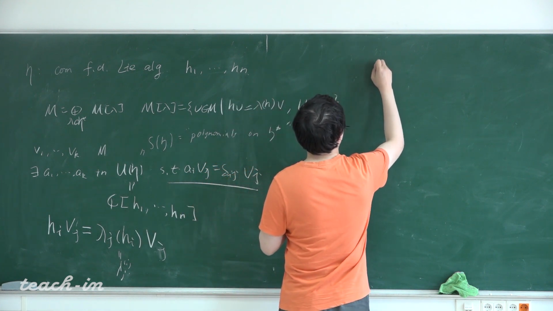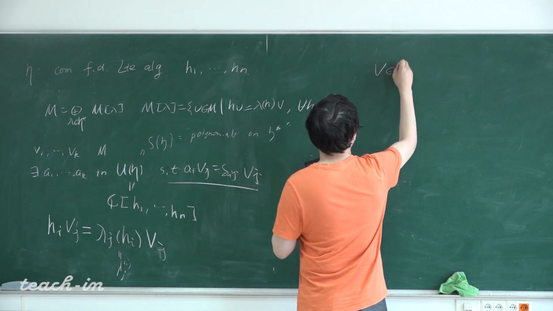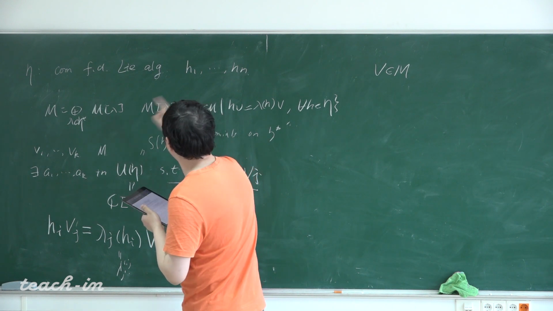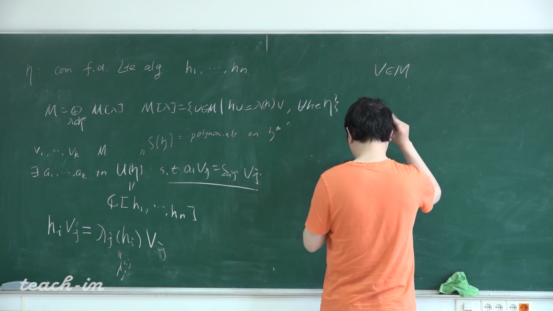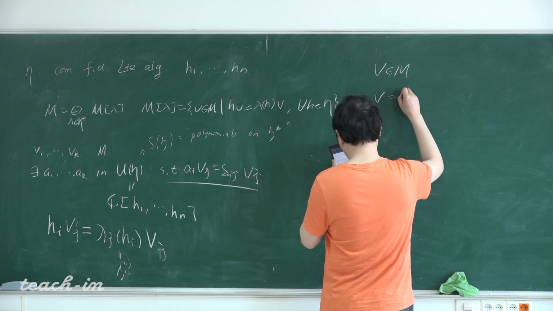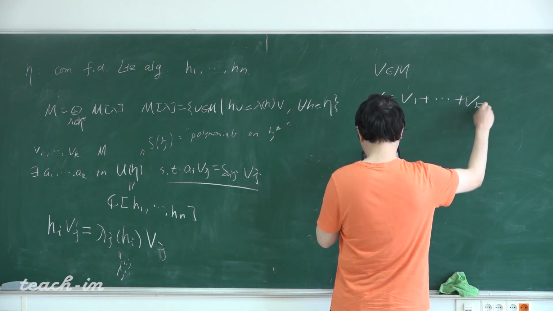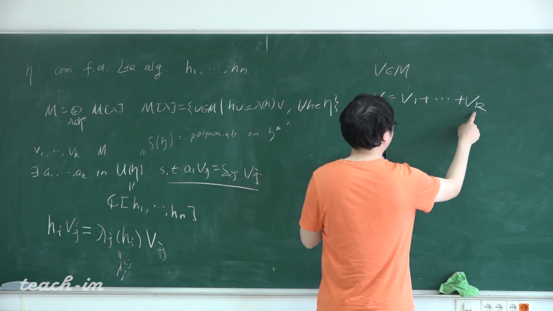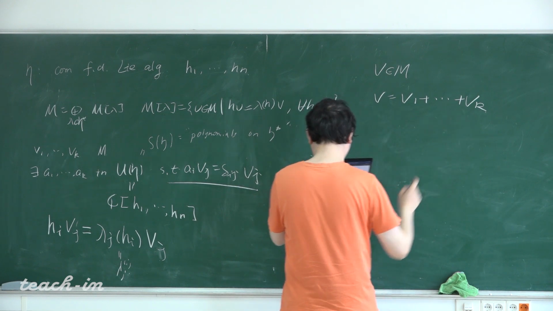for some V, since we know this V should be in M, it can be decomposed with some weight vector. This weight vector can be written down, of M of distinct weights.